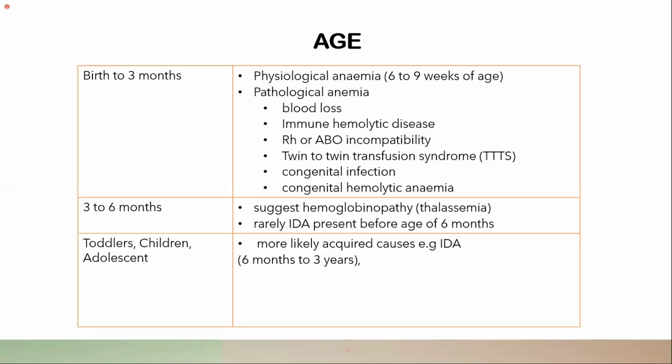Okay, for newborns, there are several other causes that are important. Things like anemia of prematurity, so that one is very important as well. I'm not sure whether it's covered or not. Second is another important factor.